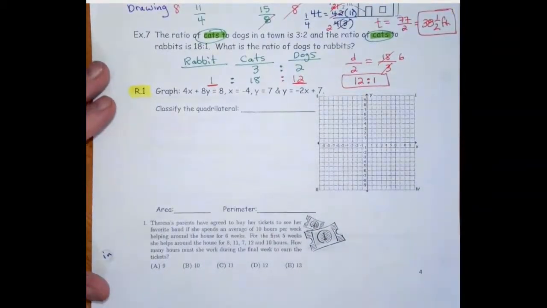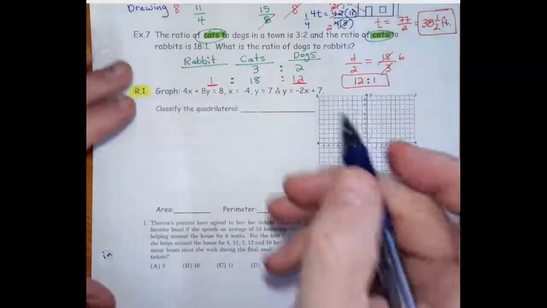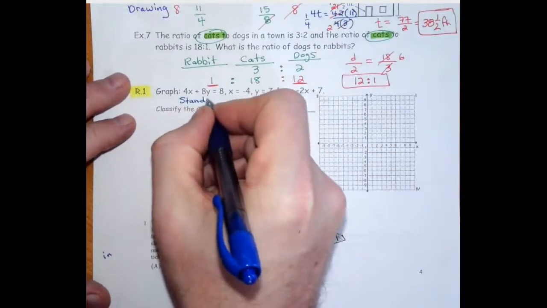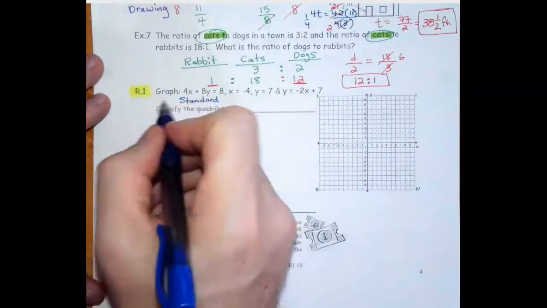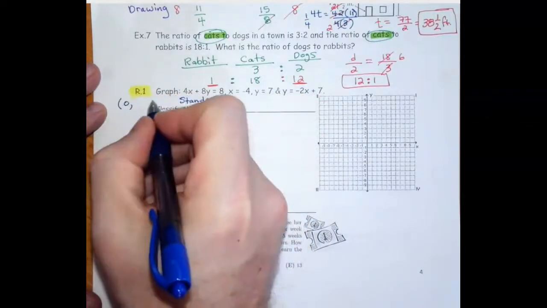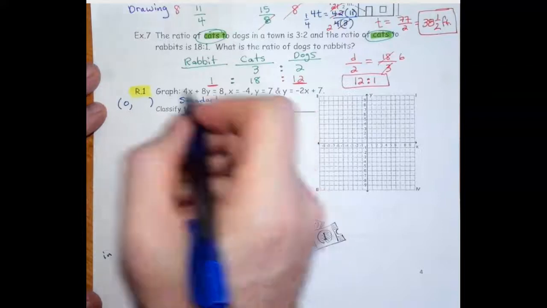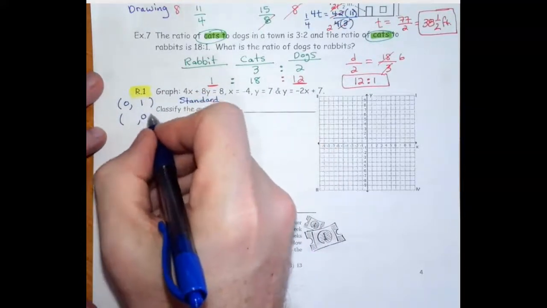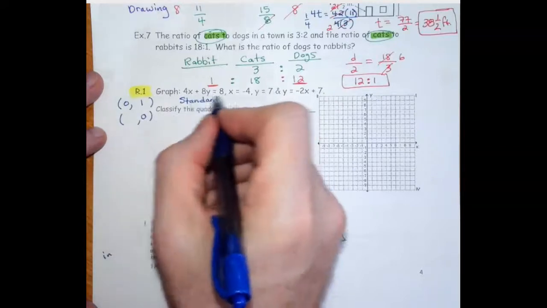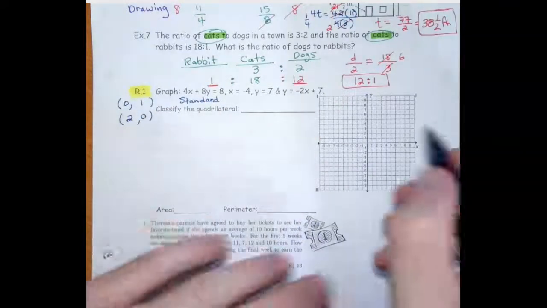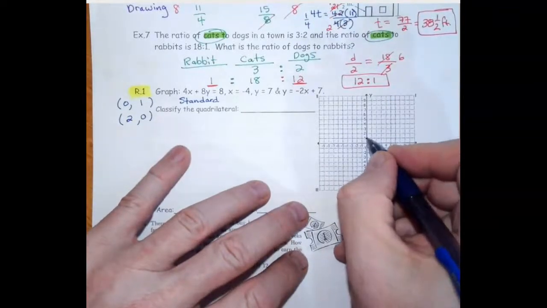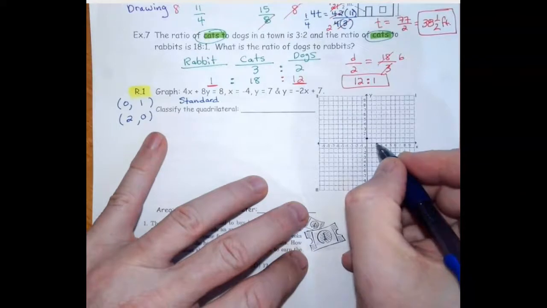graphing lines, and so we can talk about what kind of line do we have there. So this is standard form, and we usually use standard form to get the x and the y intercept. So we let x equal 0, divide both sides by 8, that would be 1, and then we let y be 0, and then divide by 4, and we get x equals 2. So 0, 1 is up here, and 2, 0 is right there.